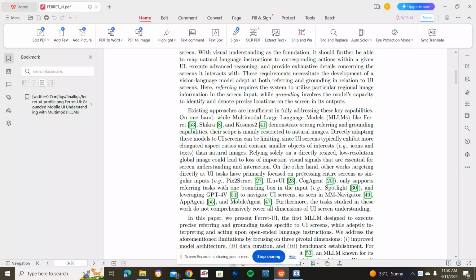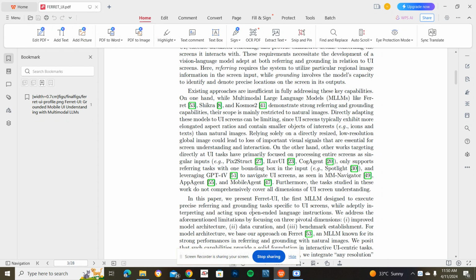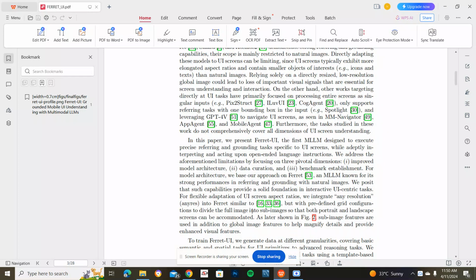They have not divided them into 1:2 or 2:1. These tasks also do not comprehensively cover all dimensions of UI screen understanding.